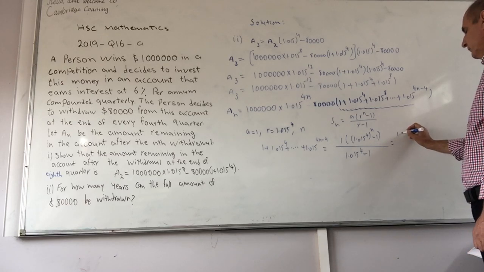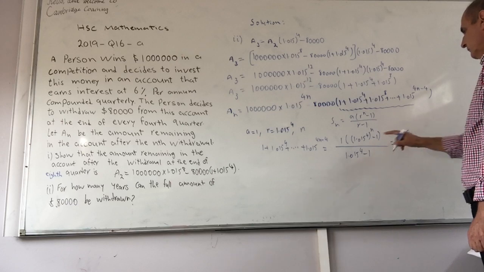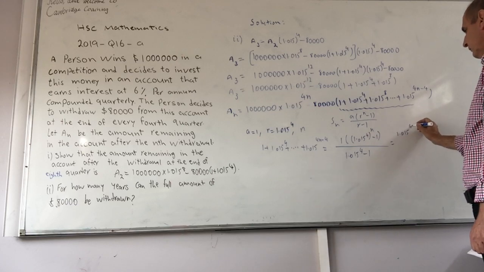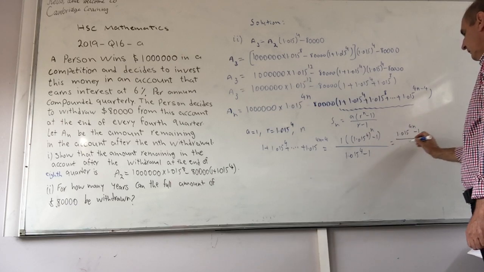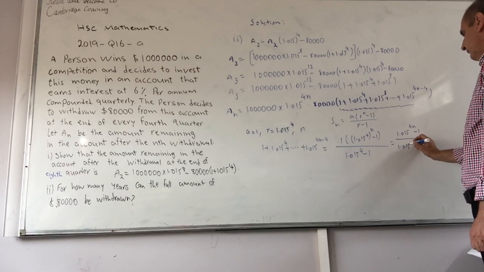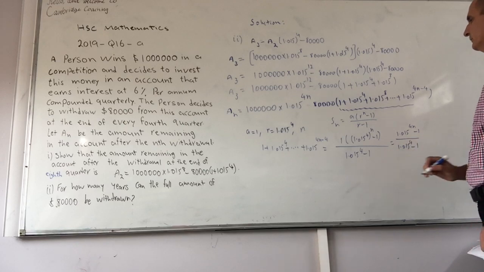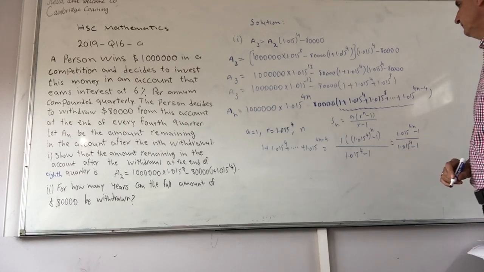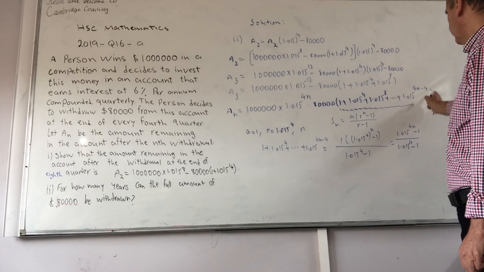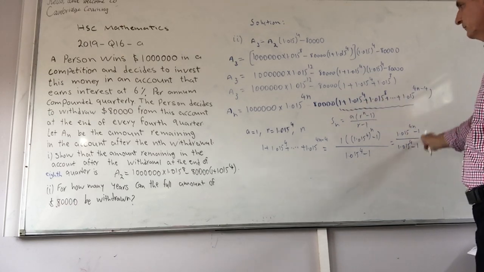Okay, so you get 1.015 to the 4n minus 1 over 1.015 to the 4 minus 1. So this bracket is equal to this value.